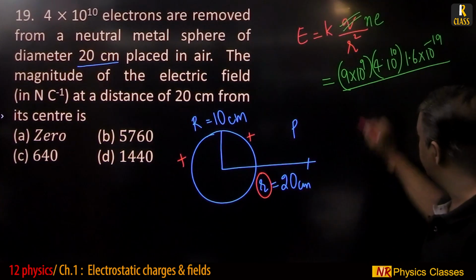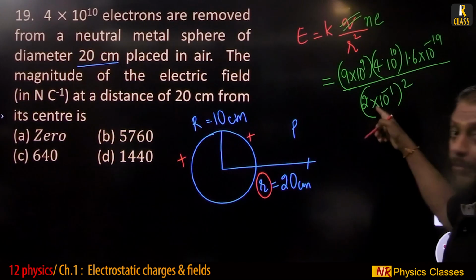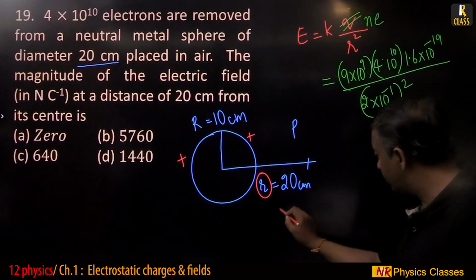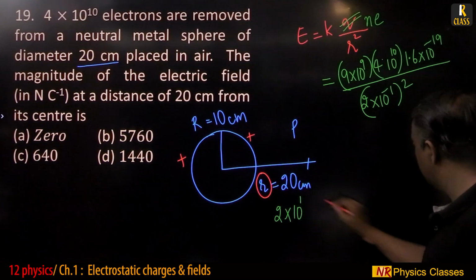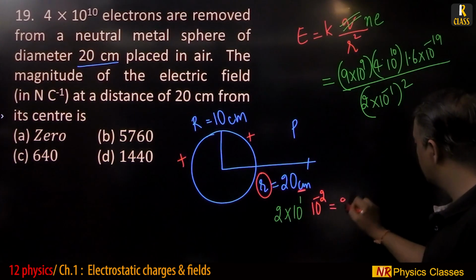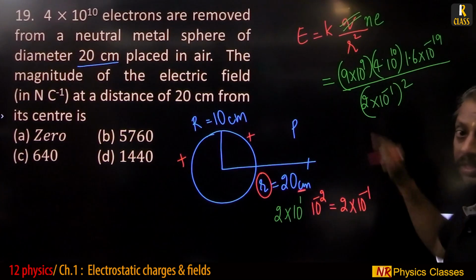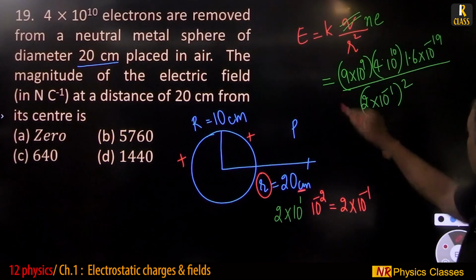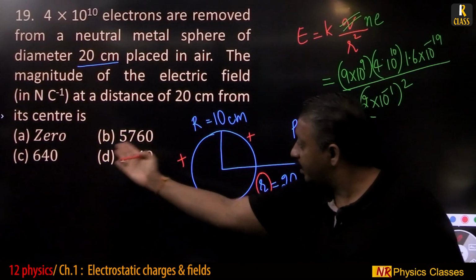Distance is 20 centimeter, 2 into 10 to the power of minus 1, square. Hope you understood this. 20 is 2 into 10 to the power of 1. Centi is 10 to the power of minus 2. So 2 into 10 to the power of minus 1, its square. Now manage the numbers. Look at those. They are quite distinct values.